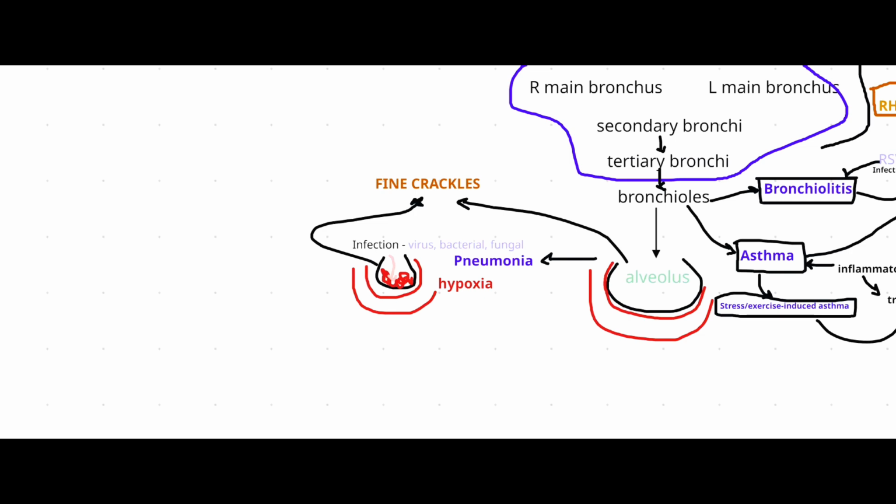What is malaise? Weakness, right? Different from fatigue. Fatigue is tiredness, malaise is weakness, okay? But they both affect your musculoskeletal system, right? So these are the common systems that are going to be affected.